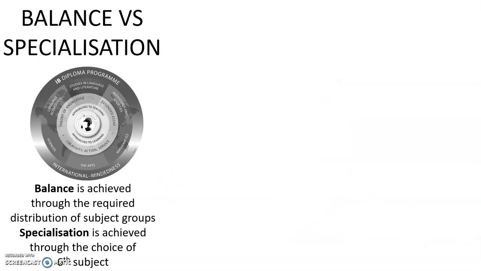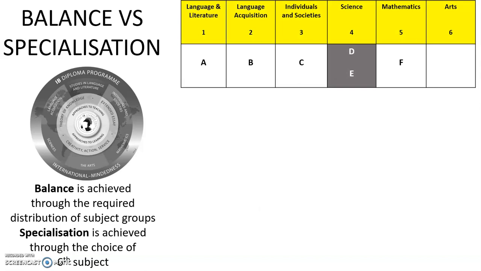How do we achieve these things? Well, first of all, we have to look at the first 5 groups. Everyone must take a course from groups 1, 2, 3, 4, and 5. That's language and literature, language acquisition, individuals and societies, sciences, and mathematics. Okay.